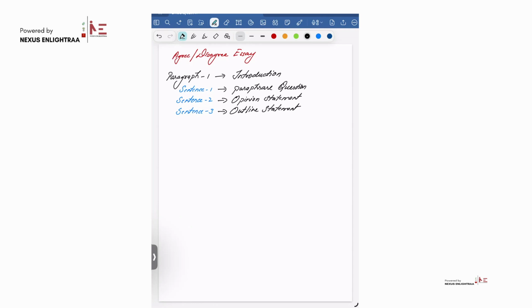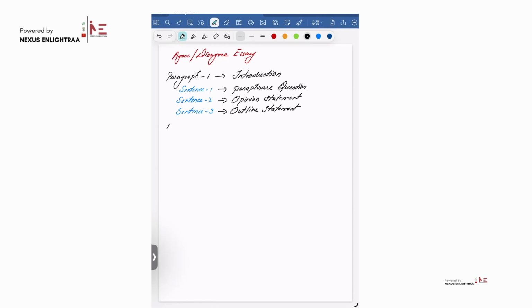So you will have just 3 sentences in this. Sentence 1 is the paraphrasing of your question statement. Then you will have your opinion statement, where you stand in terms of whether you agree or disagree, and then your outline statement. As we proceed, when we start writing the essay, I'll explain what this is as well.